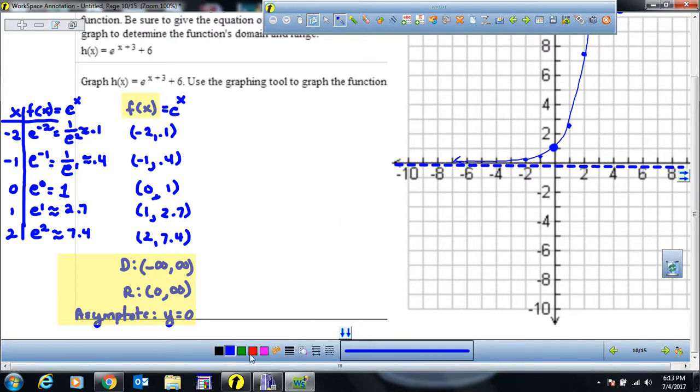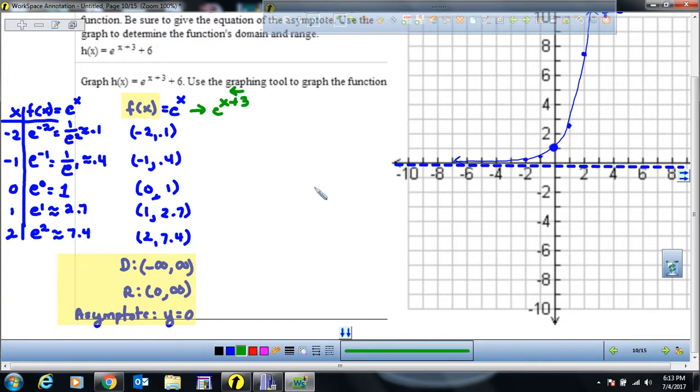Now, we are going to create the graph of h of x, which is e to the power of x plus 3, plus 6. Remember that the first transformation that must be applied is the x plus 3. That plus 3 on the exponent is going to shift the graph 3 units to the left, meaning that it's going to be subtracted from all of the x values.